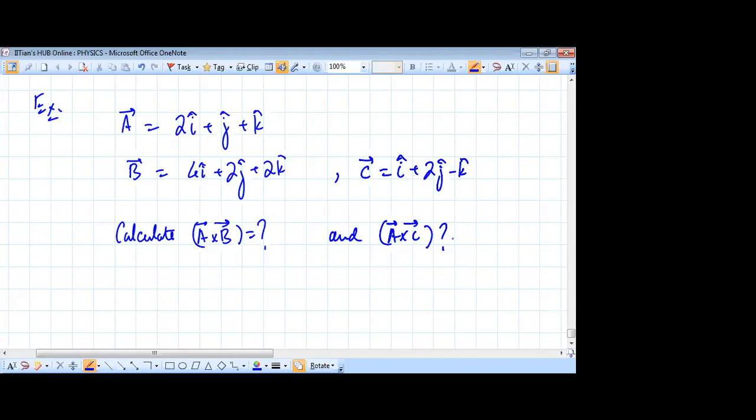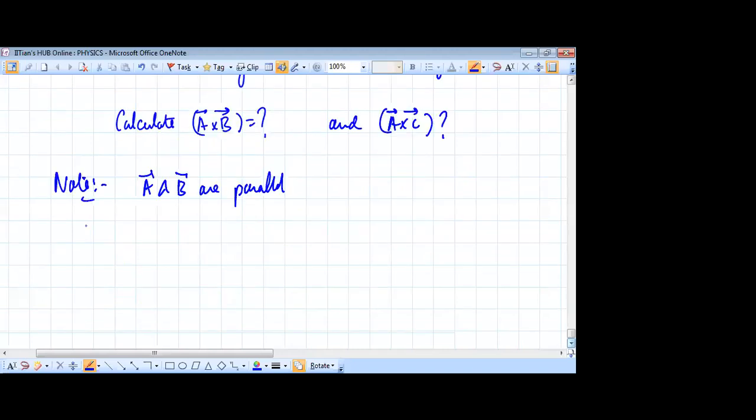Okay, so A cross B will come out to be 0, but A cross C will not come out to be 0. Now see, why A cross B comes out to be 0 should have been pretty obvious. You don't even need to apply the matrix method. You can just observe over here that the vectors A and B are parallel. Because remember what was the parallel condition?